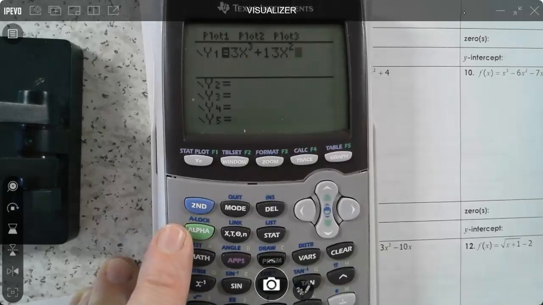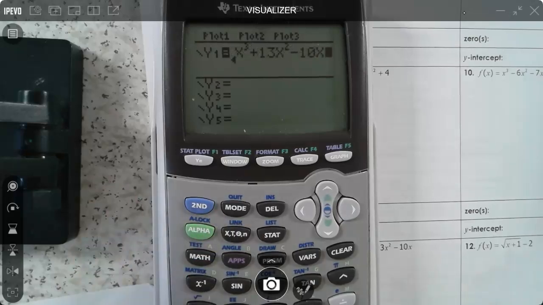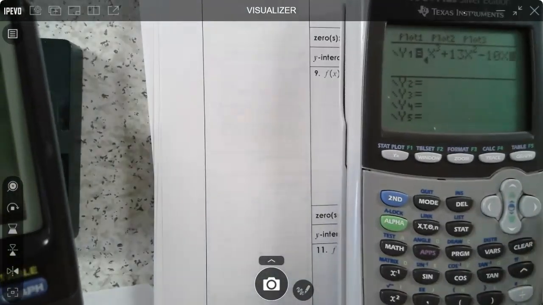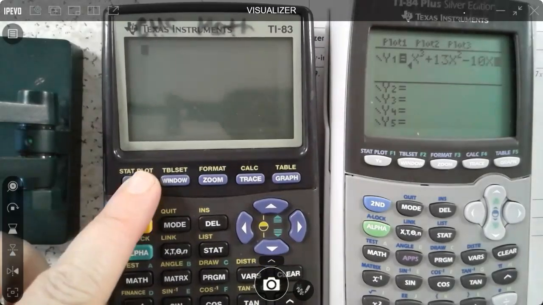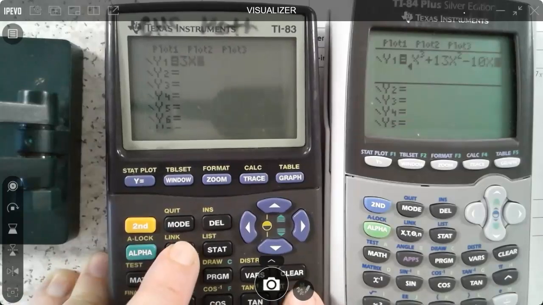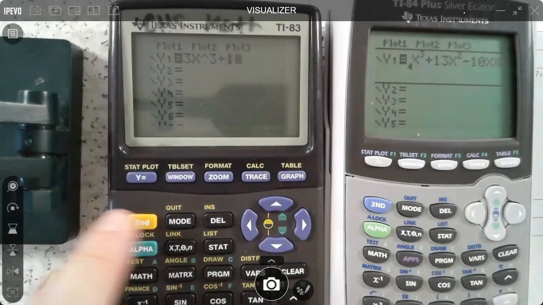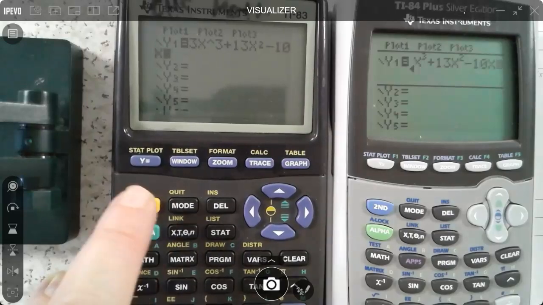Wait. I'll show you on the older calculator as well. Is mine the older one? I think it is. See how he got the 3 already up there? I don't know why yours looks like that, because mine looks like hers.